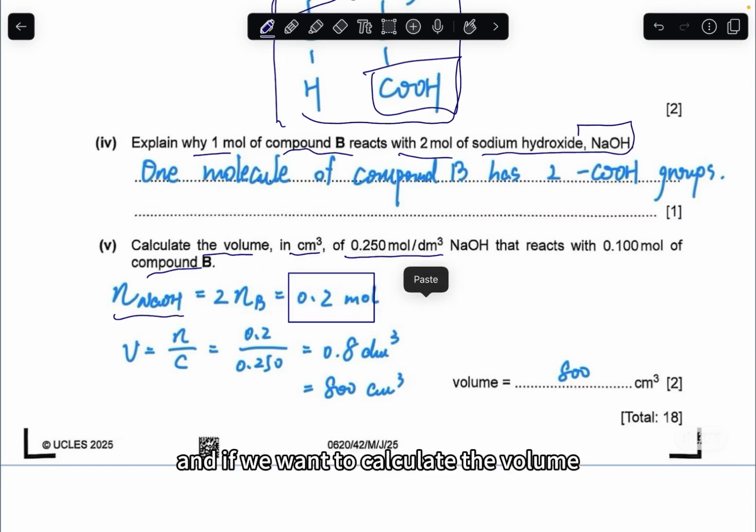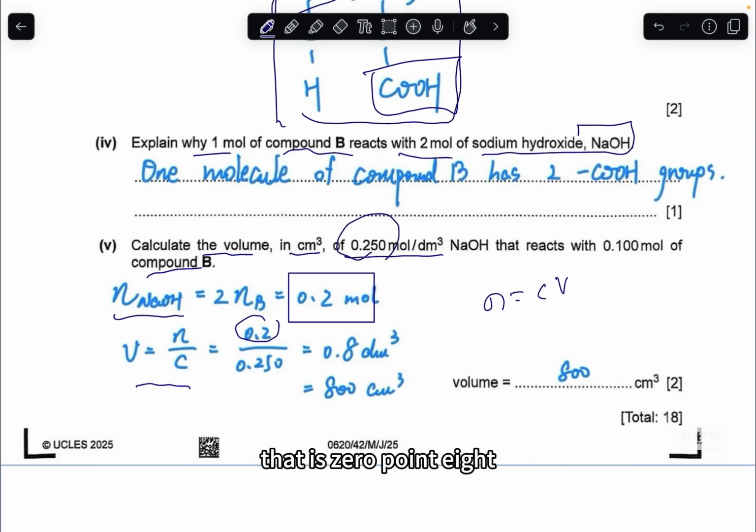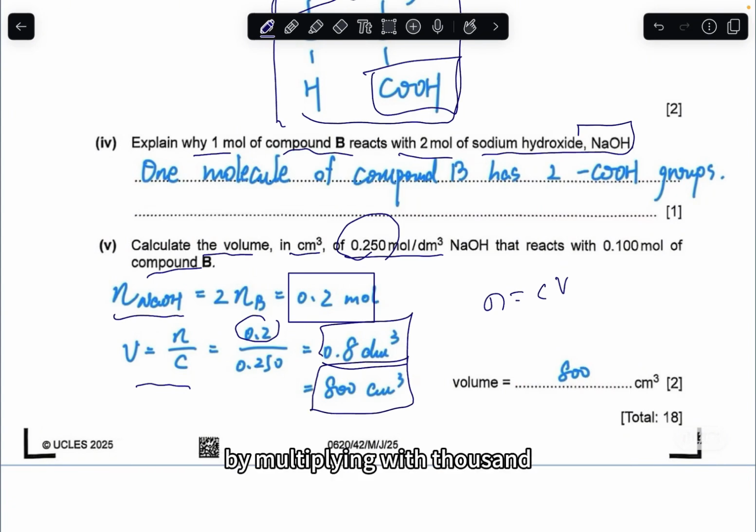If we want to calculate the volume, as we know that n is equal to CV, so V equals n over C, and n is 0.2, and C is 0.25, that is 0.8 decimeter cube. We can convert into centimeter cube by multiplying with 1000, and that is our volume.